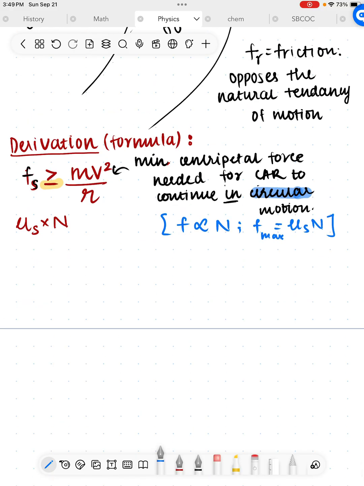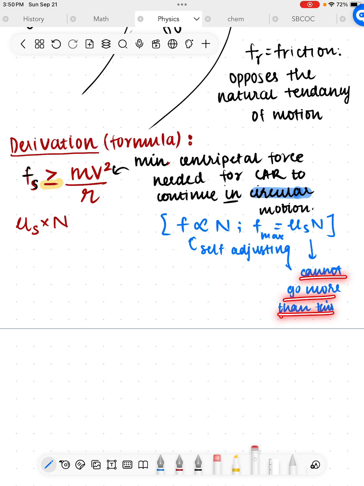Friction is a self adjusting force, but even that adjusting has a limit. It can't adjust beyond that, cannot go more than this. It cannot go beyond mu s into n.